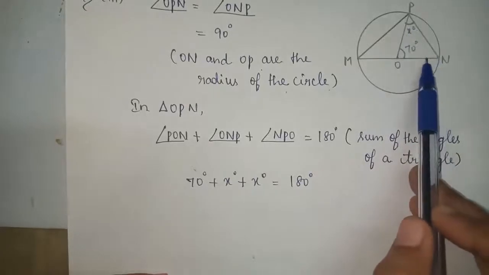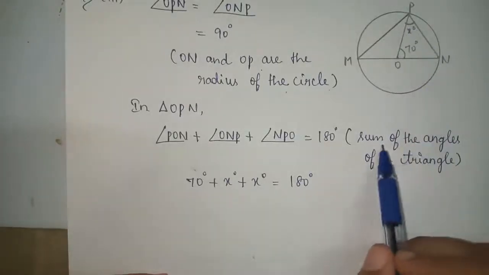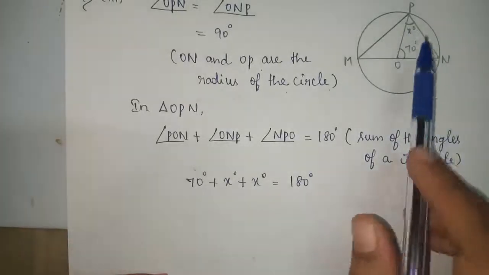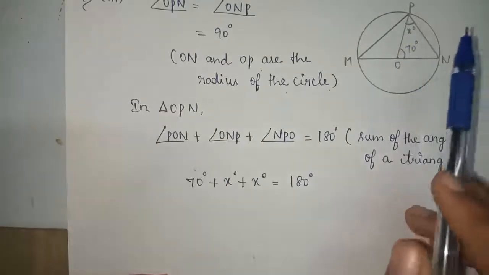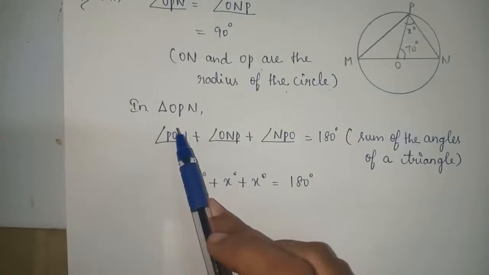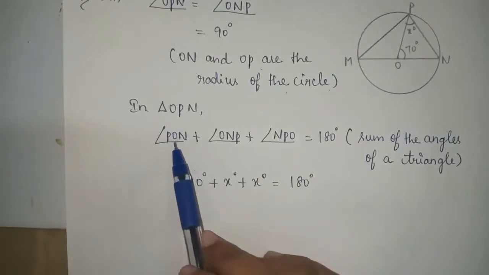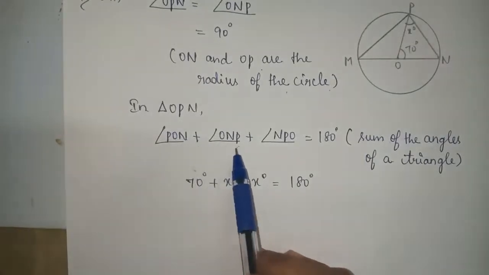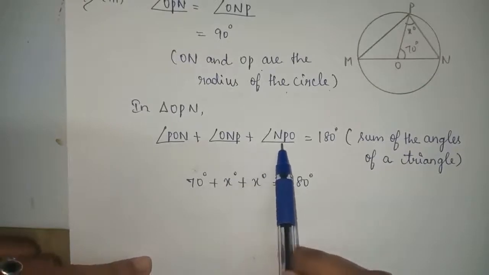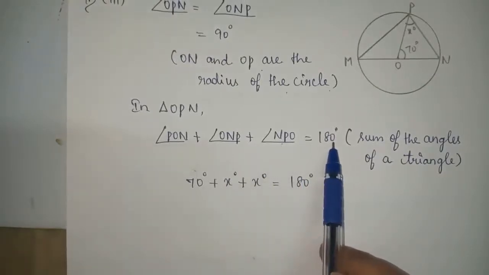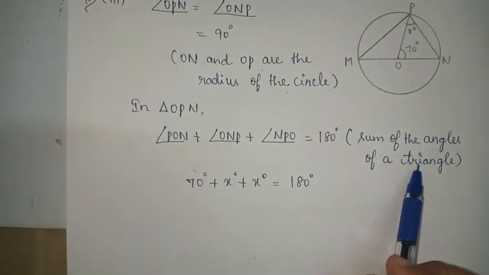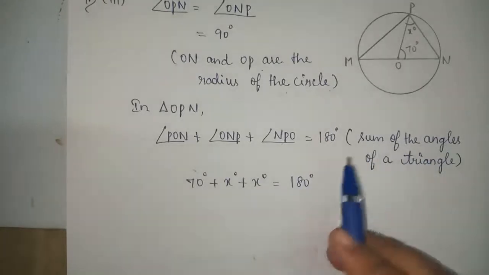So this is also what we consider as x, because adjacent angles. So in a triangle OPN, angle PON plus angle ONP plus angle NPO is equal to 180 degree because the sum of the angles of a triangle is 180 degree.